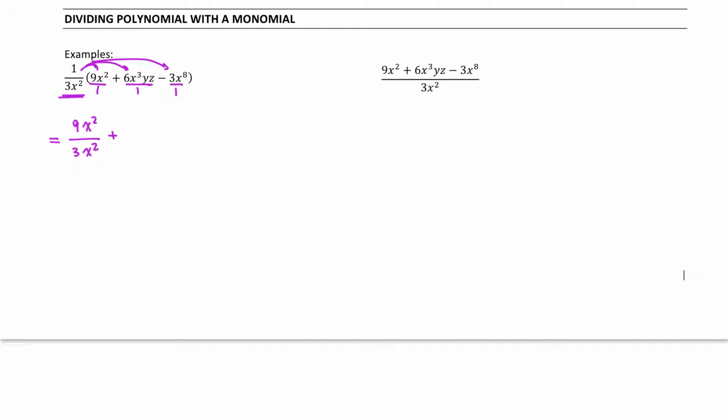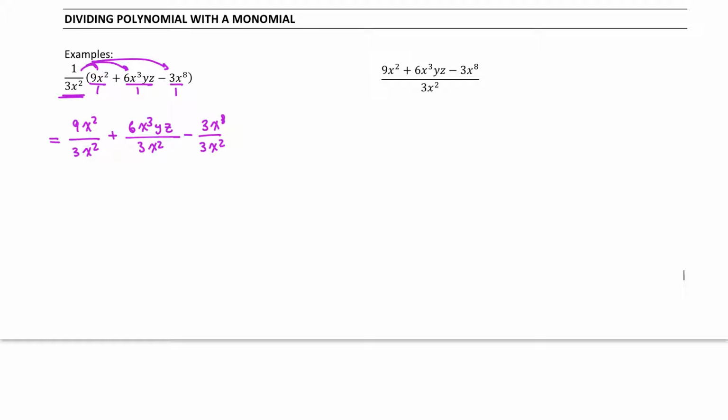Anything multiplied by 1 is itself, so I get 6x cubed yz over 3x squared. And finally, I get 3x to the 8 over 3x squared, because my numerator, 3x to the 8 times 1 is 3x to the 8, and 1 times 3x squared gives me 3x squared as my denominator.